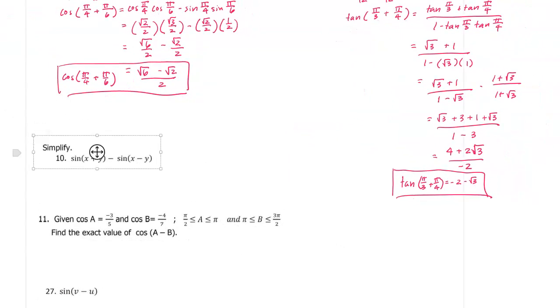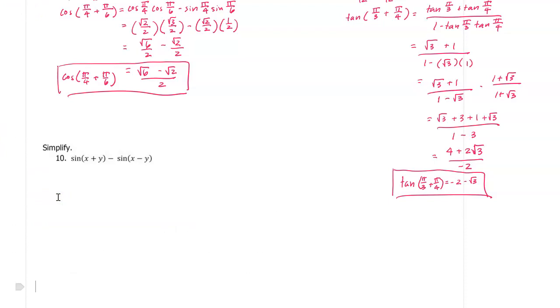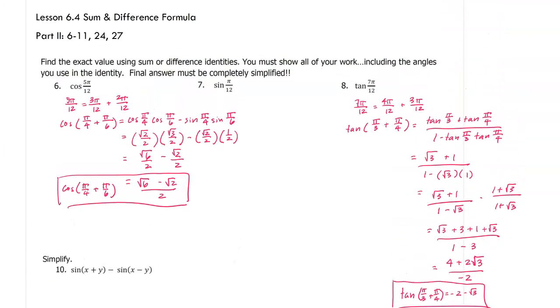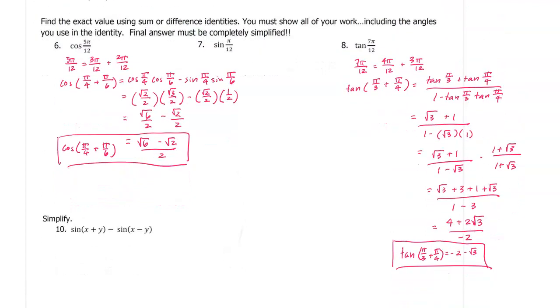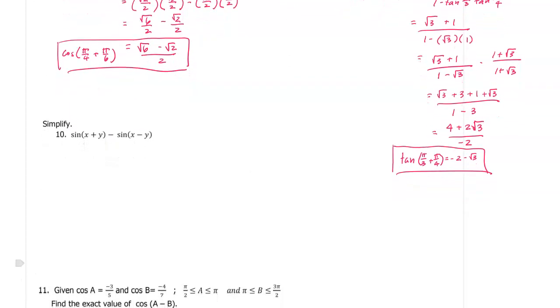Okay, so you look at a problem like number 10, and it just tells you to simplify that. This is pretty straightforward. You're going to just use the formulas: sine of x, cosine of y, plus cosine of x, sine of y.